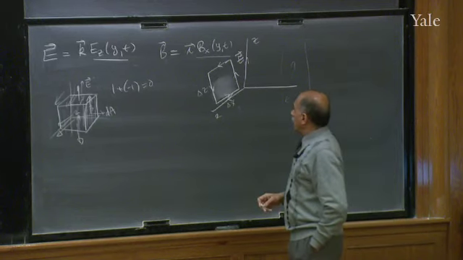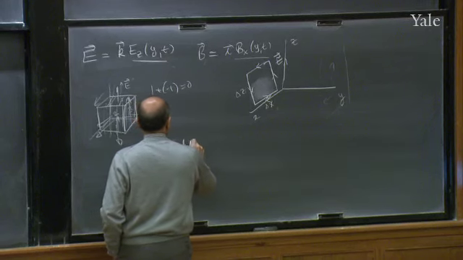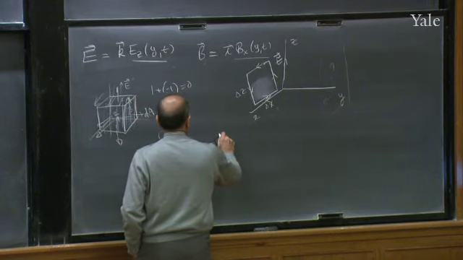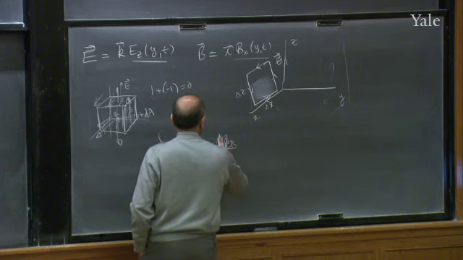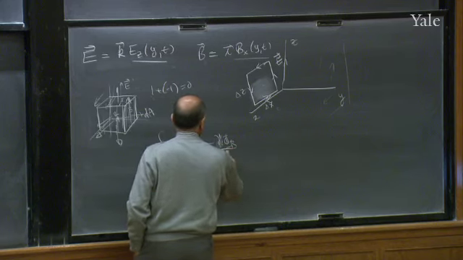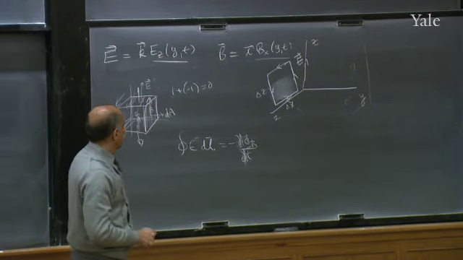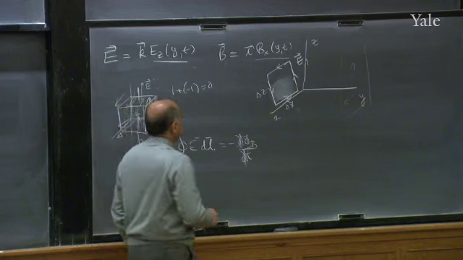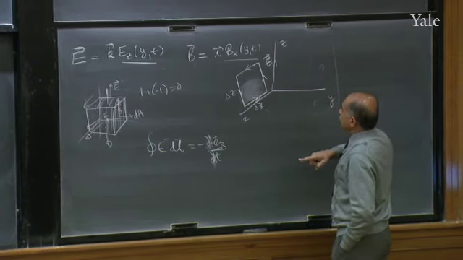So I have to now look at the line integral of E dot dl and equate it to minus d phi B dt. I have to see, is that true or false? Well, take this loop and look at the line integral of E and see what happens.